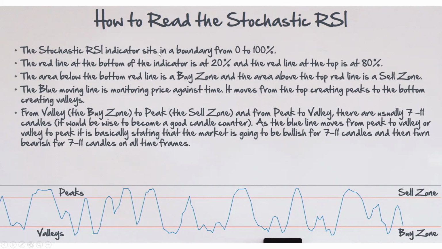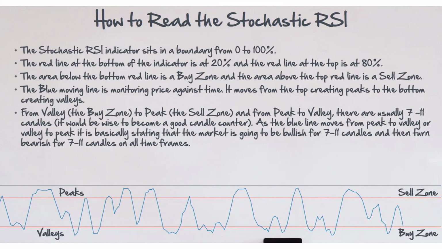So the stochastic RSI indicator sits in a boundary from 0 to 100, and the red line at 20 and the red line at 80 mark the buy zone and the sell zone. The area below the bottom red line is called the buy zone, and the area above the top red line is called the sell zone.